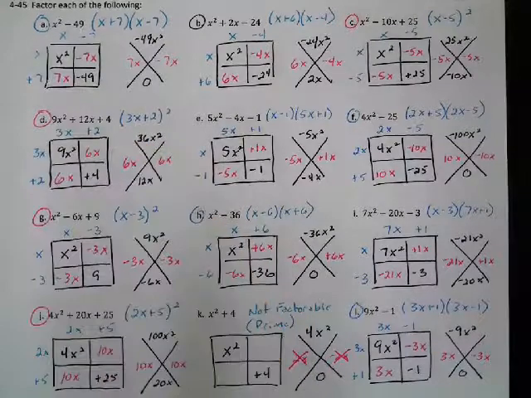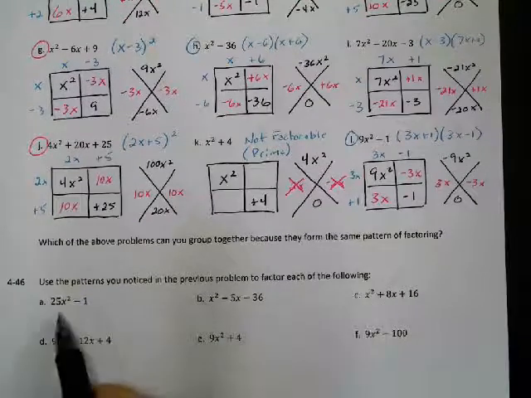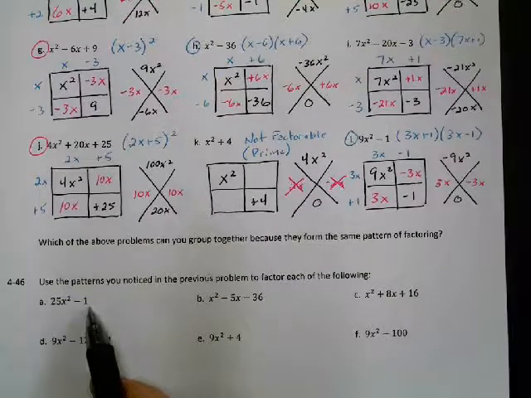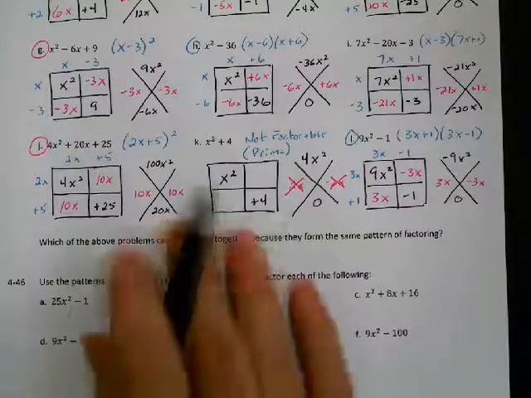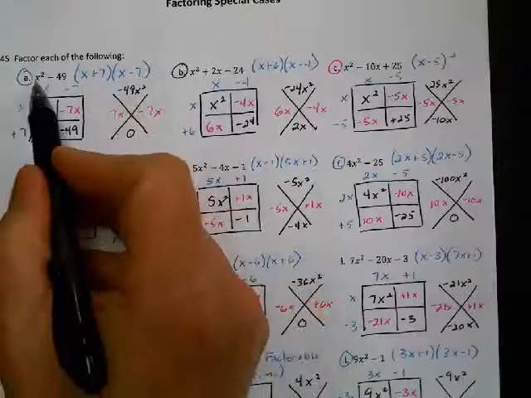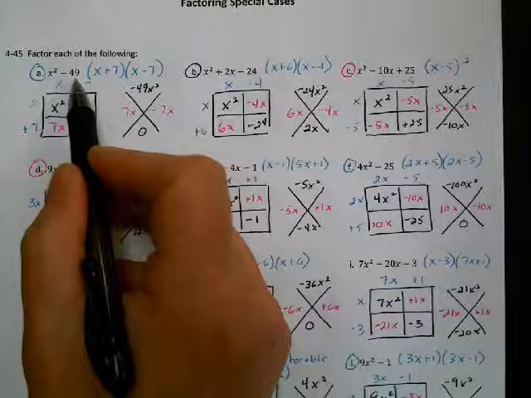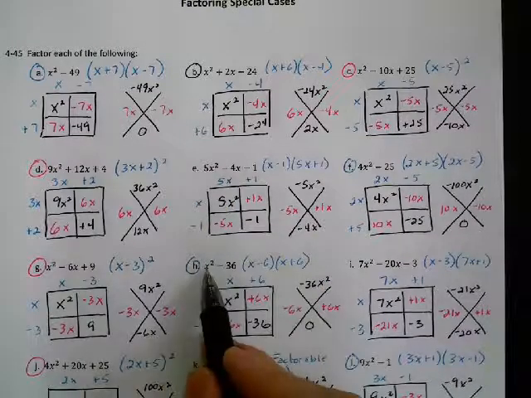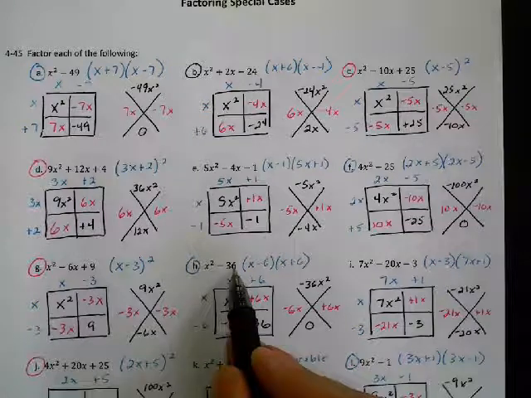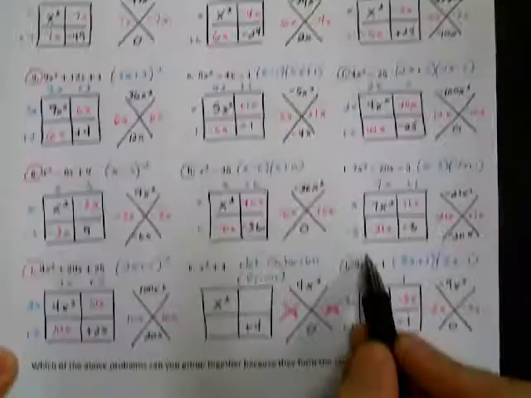So we noticed that when there were two binomials like this, they followed a pattern. And notice all of these are perfect squares. X squared, that's x times x. 49, that's 7 times 7. Over here, that's x times x, that's 6 times 6. Over here, this is 3x and 3x. This is 1 times 1.